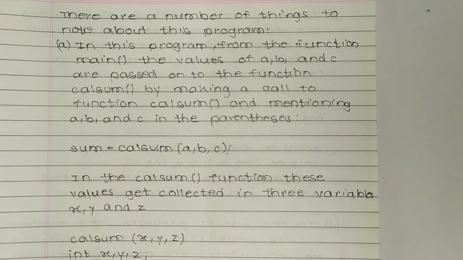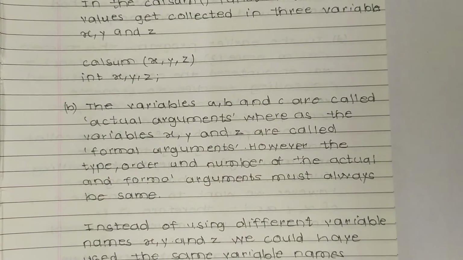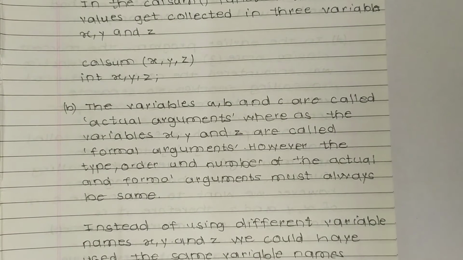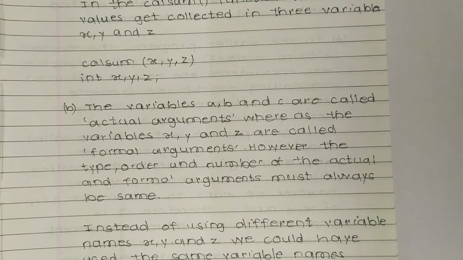So calsum(x, y, z) is declared with int x, y, z. These a, b, c values are considered as x, y, z by the compiler.